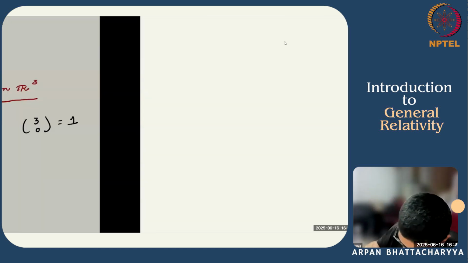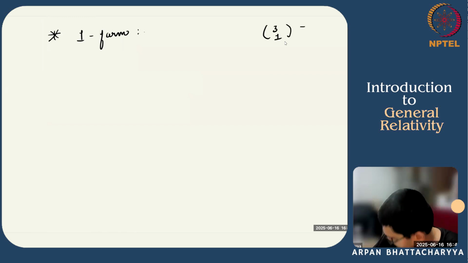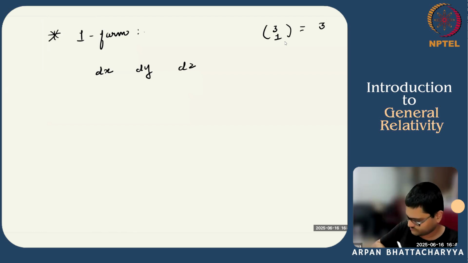Now, what about the one form? The number of basis elements for one form is 3 choose 1, which is 3. So the basis elements are dx, dy, and dz, the coordinate differentials.